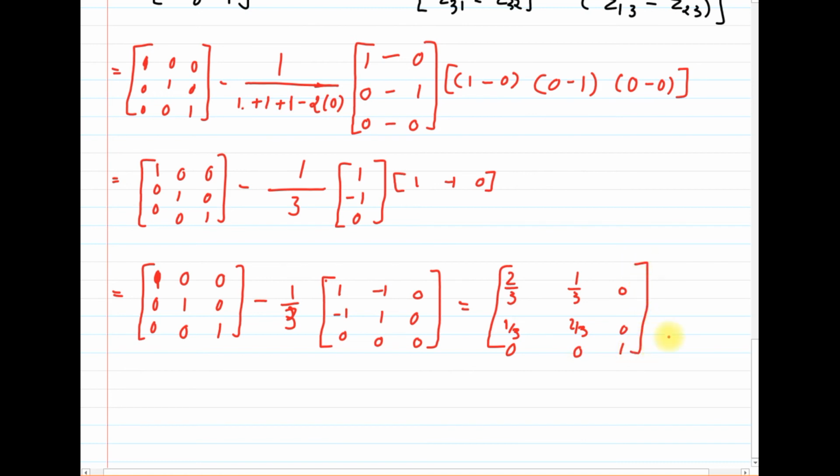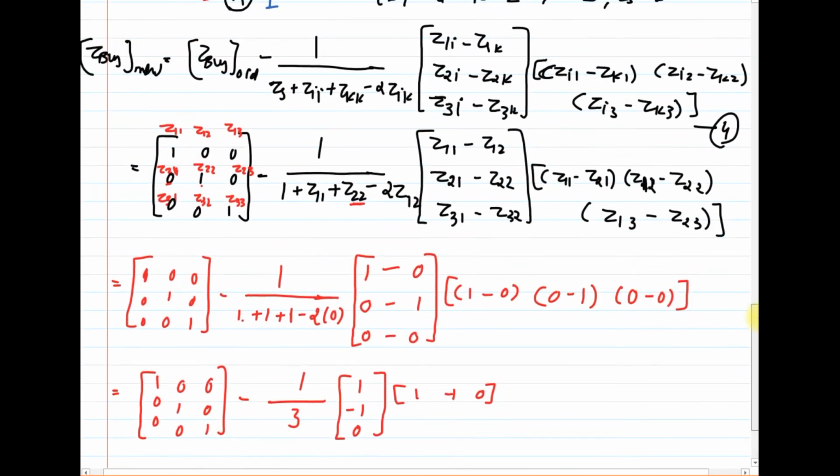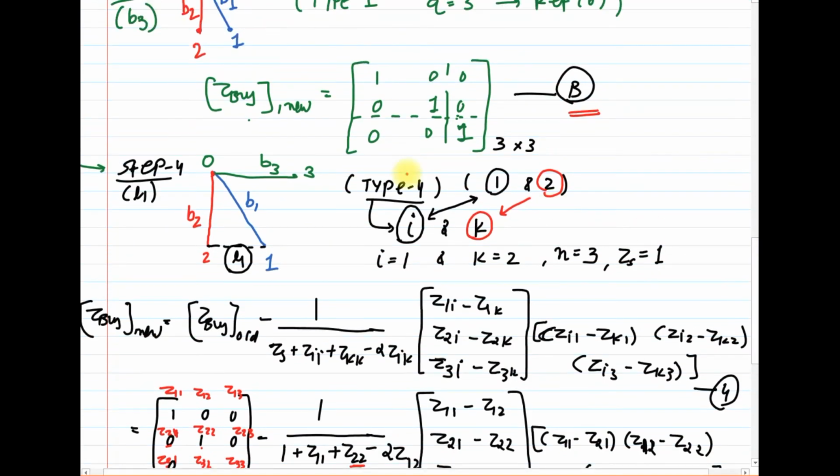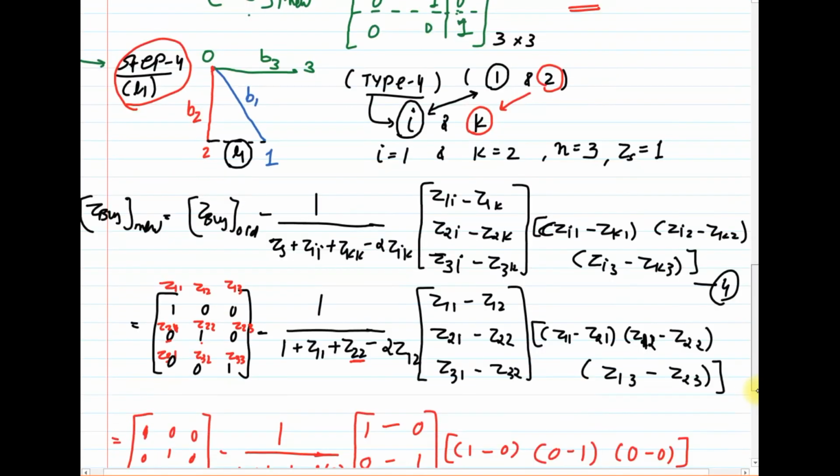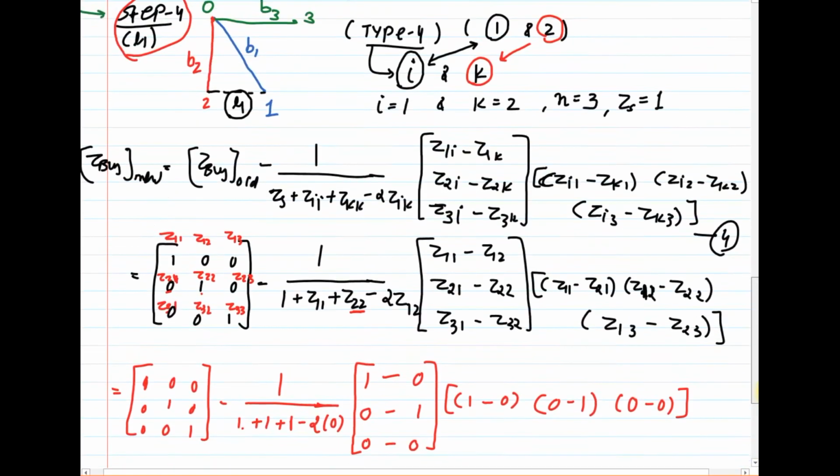So this is your final answer after the type 4 modification, or we consider the link L1 into the network.